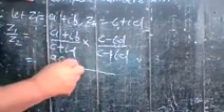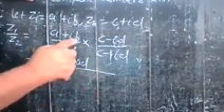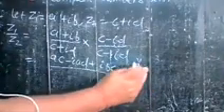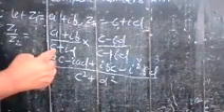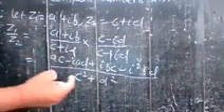So AC minus iAD, and here you have plus iBC minus i square BD upon C square plus D square. In the denominator, actually you have C square minus i square D square, and the value of i square is minus 1. That's why here you write C square plus D square.